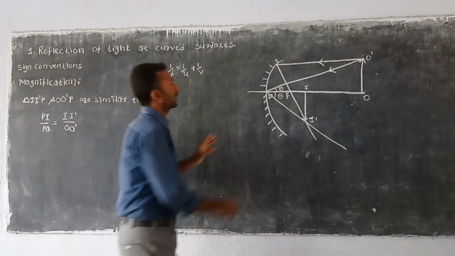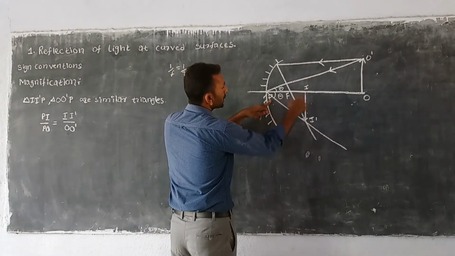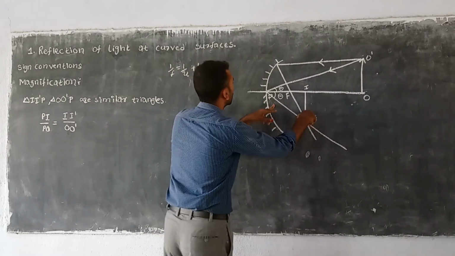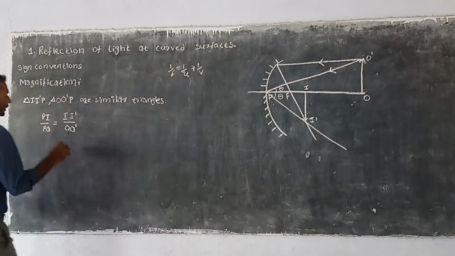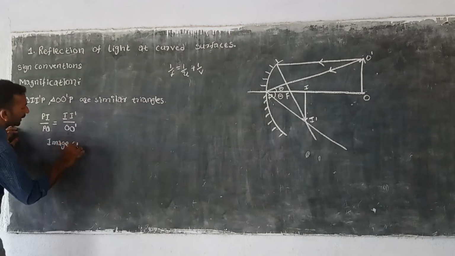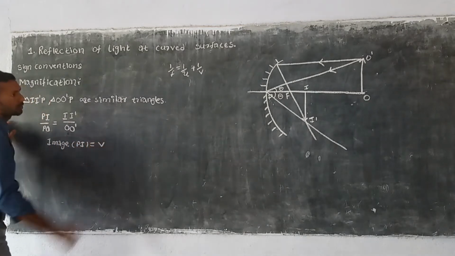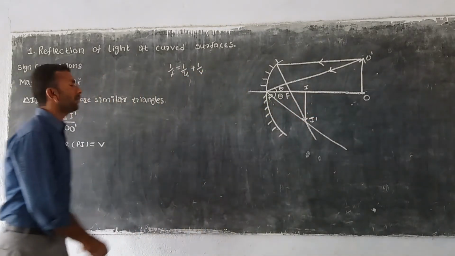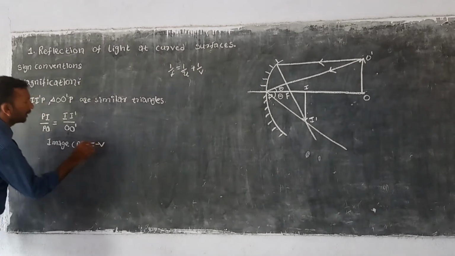PI means the distance between the pole of the mirror and the image, that is the image distance, PI equals V. We take it in the direction opposite to the incident light, so this will be a negative value.